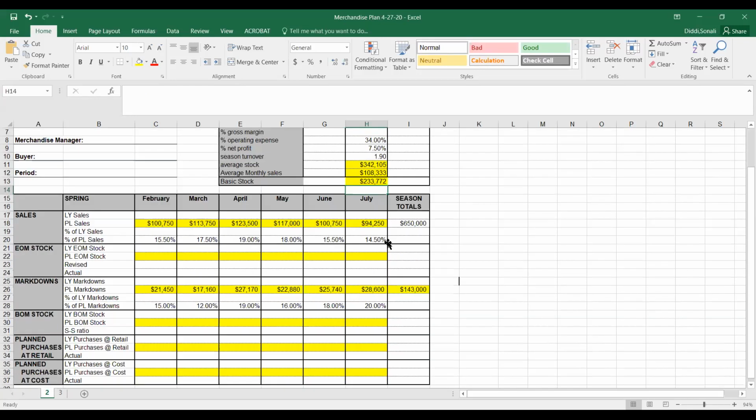Once you do this, your BOM stock is going to be monthly sales, for February in this case, plus basic stock. You'll have to keep repeating for all the months: monthly sales plus the basic stock.